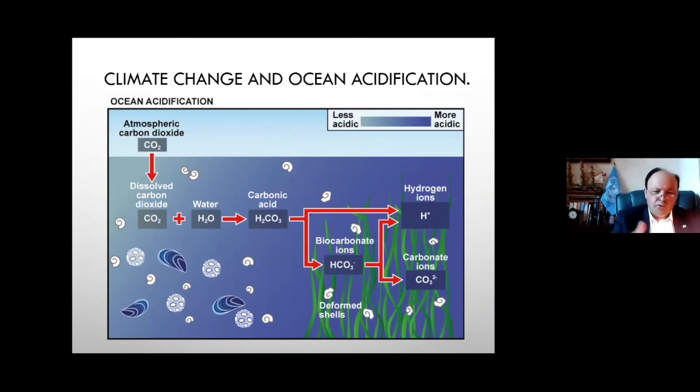In the oceans, what happens in the end is that when CO2 is dissolved and in contact with water, it produces carbonic acid. That carbonic acid molecule is unstable and it dissolves into bicarbonate ions, and that is then dissociated into hydrogen ions and carbonate ions.